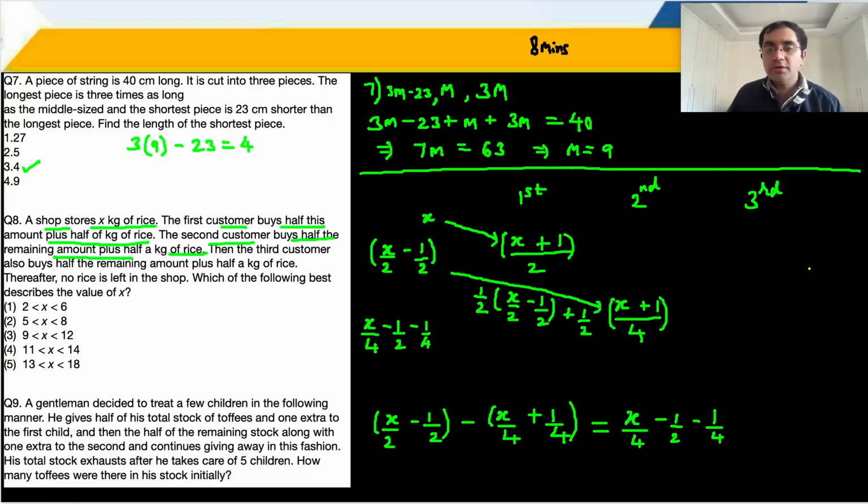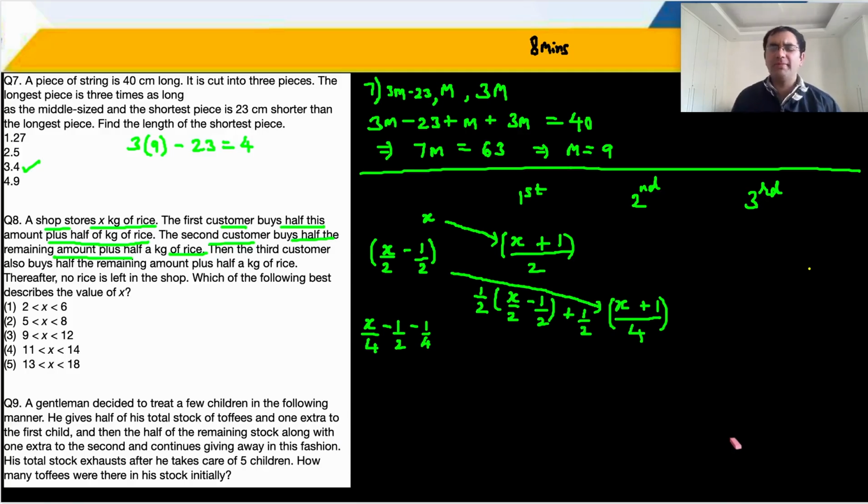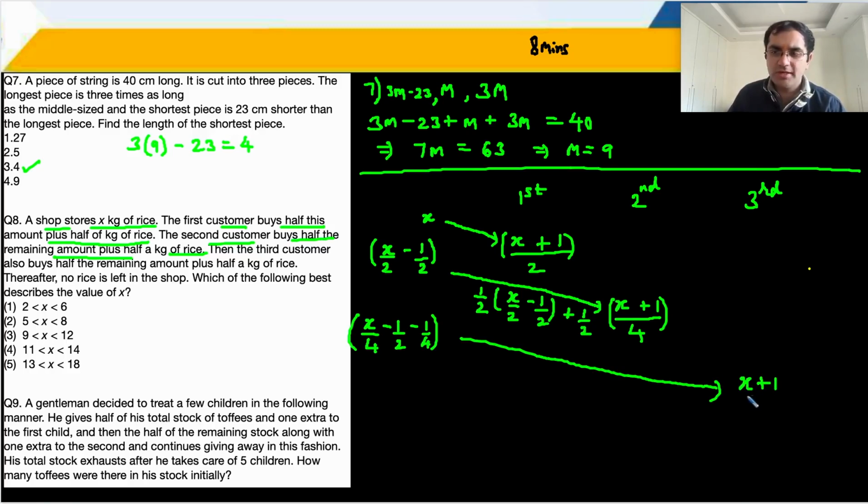Now we go to the third customer. You can just extend the calculation again the way I have done it for the first two times, because this is not our main approach. So manual solving is not something that I would like to spend too much time on. So when you now send this out to the third customer, then what you'll get is X plus 1 by 8 is the rice that will go to the third customer, and the leftover after the third customer you can verify.